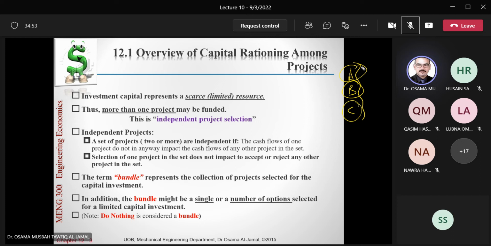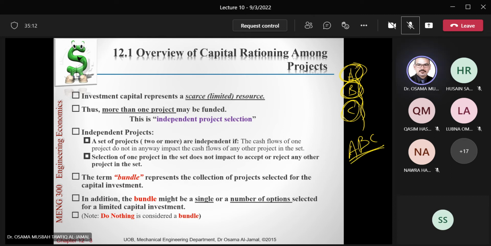You won't say I'll go into project A, then full stop, then later project B, full stop, then project C, full stop. No. Each one of them, or those three together, A, B, C, will be a bundle.